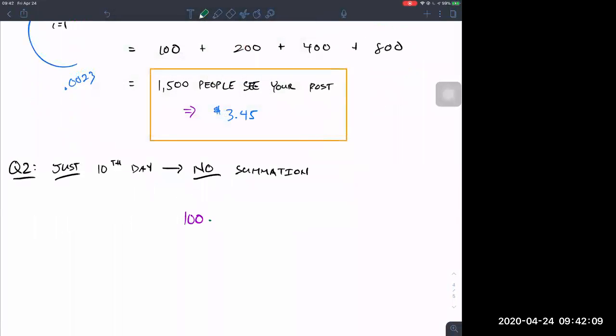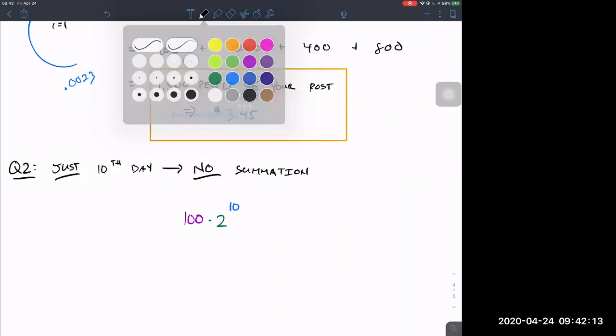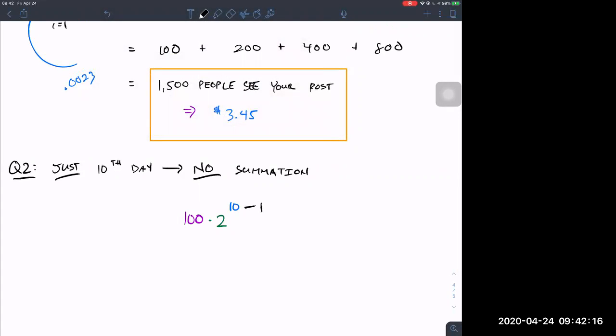So you use 100 times 2, and you plug in 10 immediately, and you see there's no summation. It's just this calculation. Okay, I did this in advance, and this is equal to 51,200 people, or views, or people that see your posts.